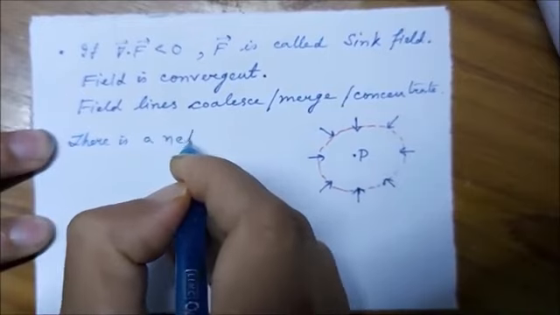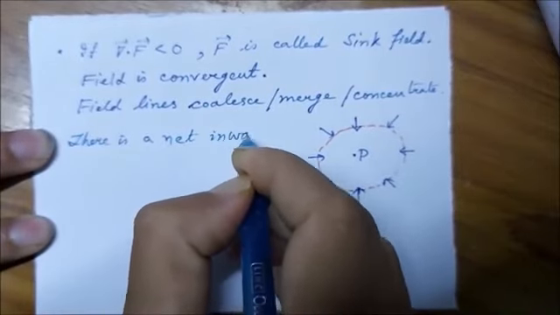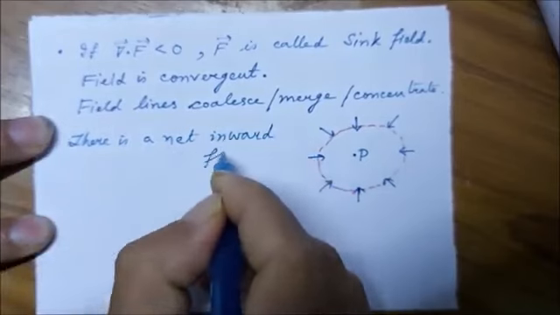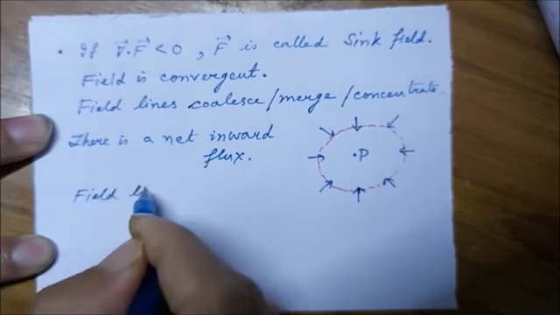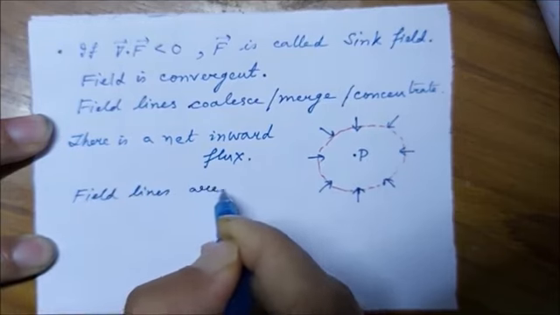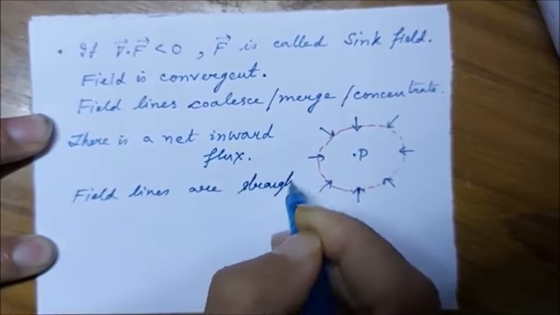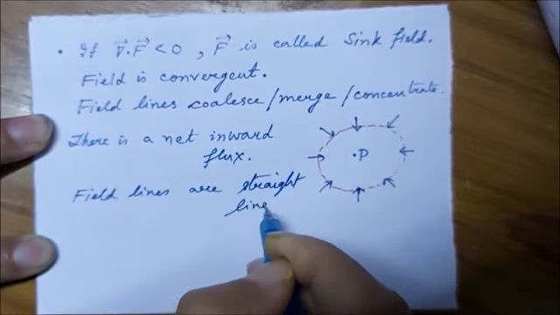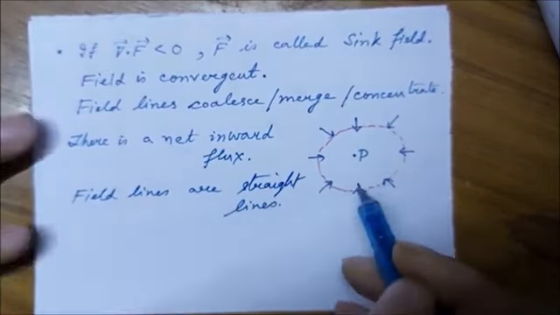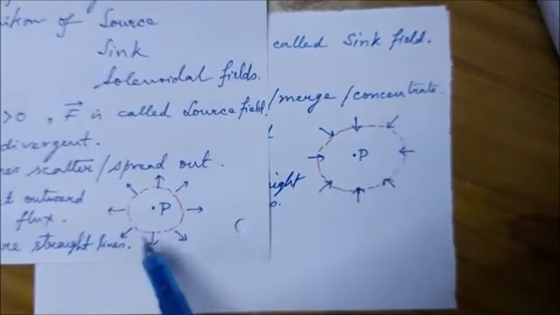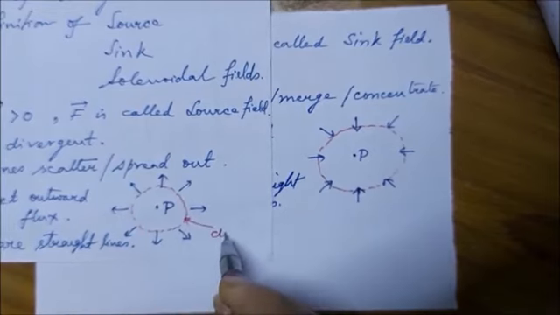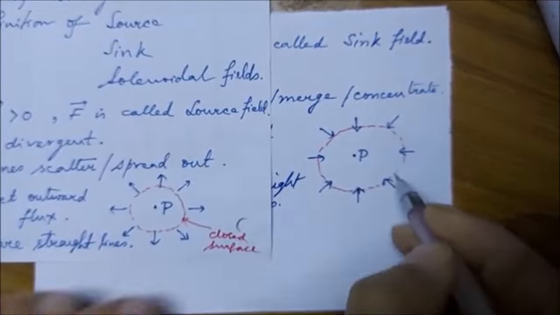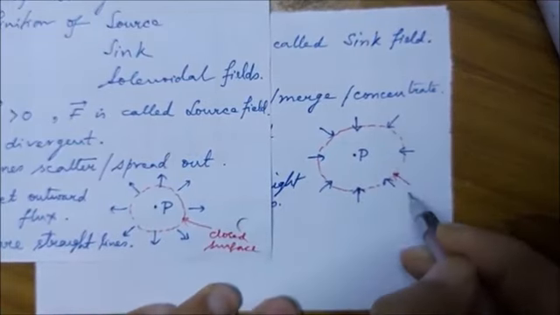So there is a net inward flux and field lines are straight lines. Here field lines only enter and in this case field lines only exit, and this is a closed surface. Here too, this is a closed surface.